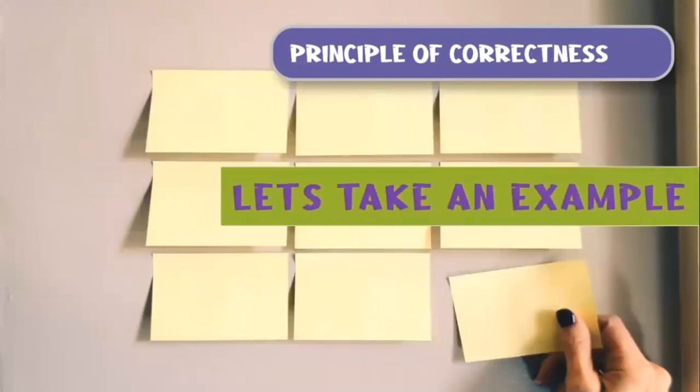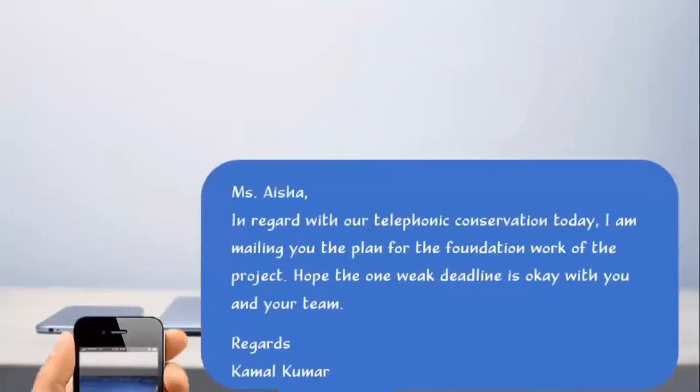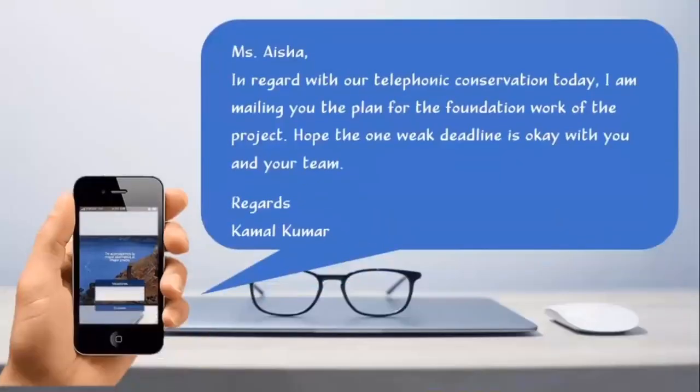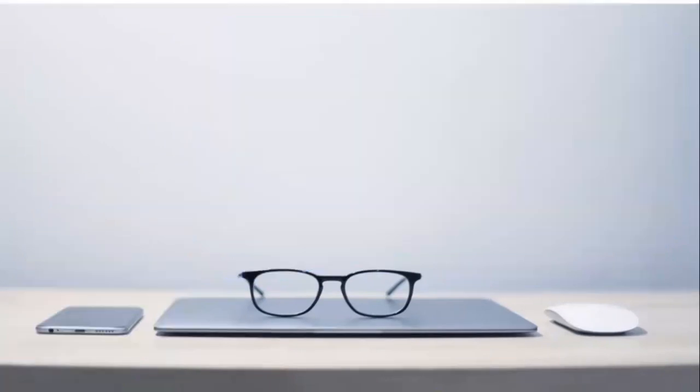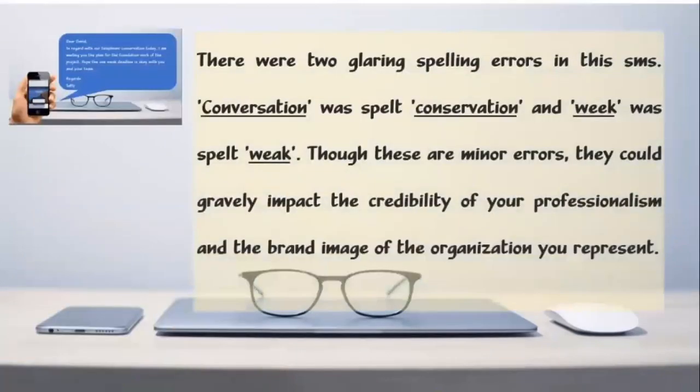Let's take an example. Miss Aisha, in regard with our telephonic conversation today, I'm mailing you the plan for the foundation work of the project. Hope the 1 week deadline is okay with you and your team. There were 2 glaring spelling errors in this email.